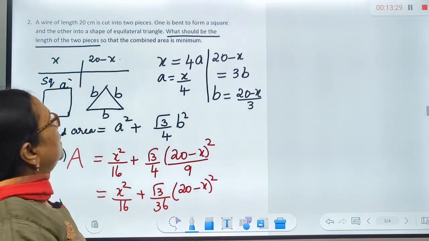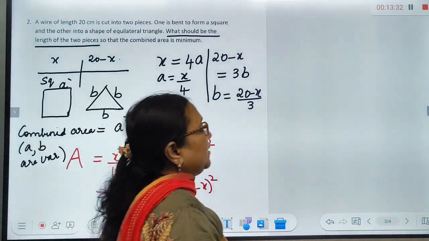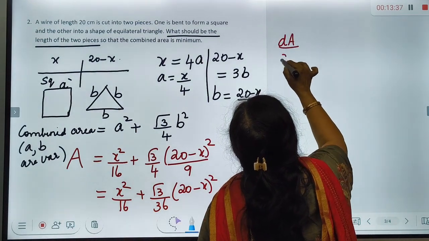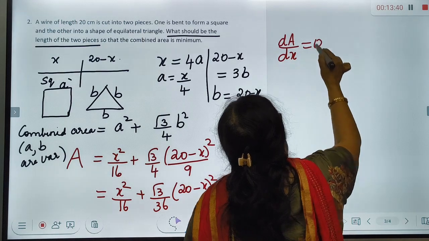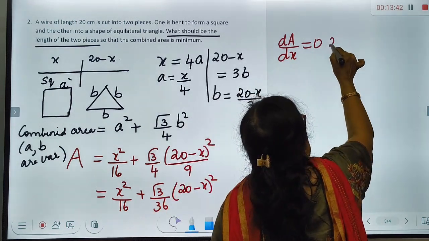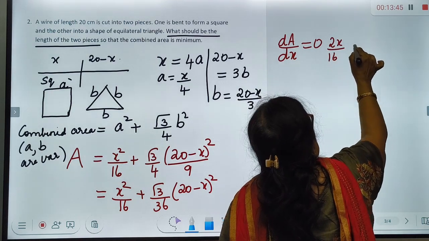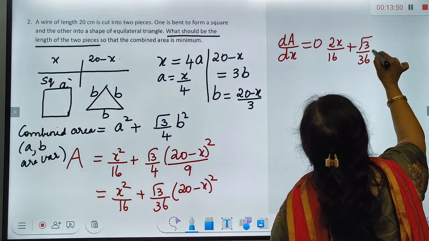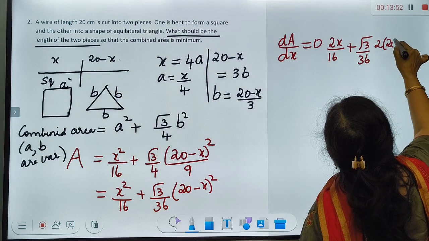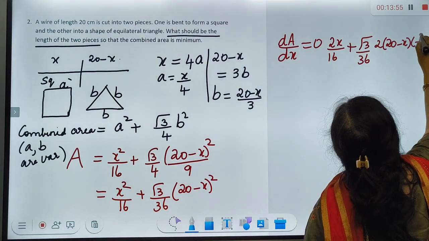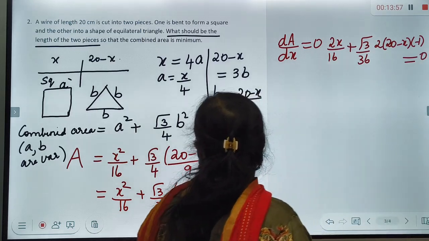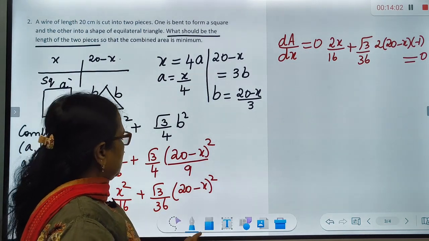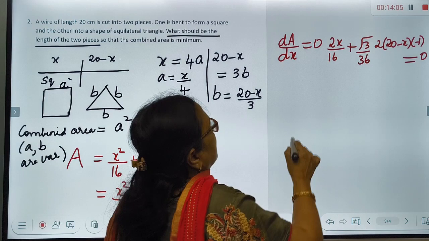So if the combined area has to be minimum, we have to find the critical point. So dA by dx is equal to 0. So 2x by 16 plus root 3 by 36, 2 into 20 minus x into minus 1 equal to 0. Derivative of 20 minus x the whole square is 2 into 20 minus x into minus 1. This is root 3 by 36.